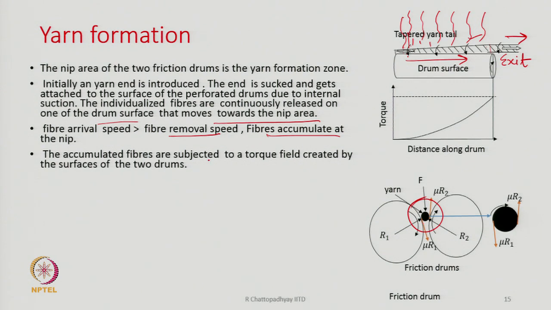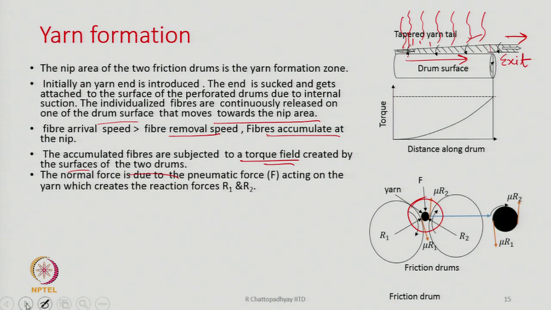The accumulated fibers will be subjected to a torque field created by the surfaces of the two drums. The normal force is due to the pneumatic force, which acts on the yarn cross section. So, this is the value of F, the pneumatic force which is acting.